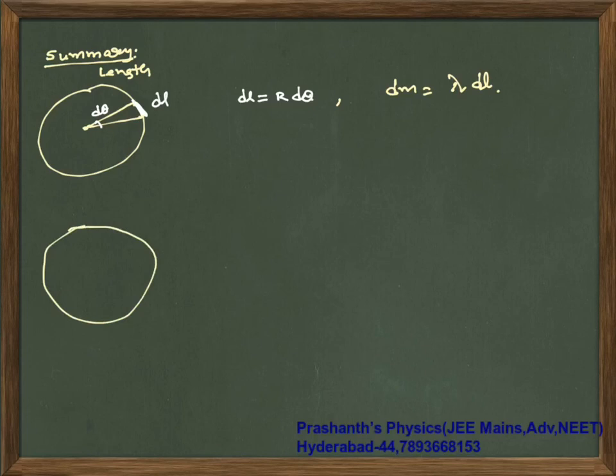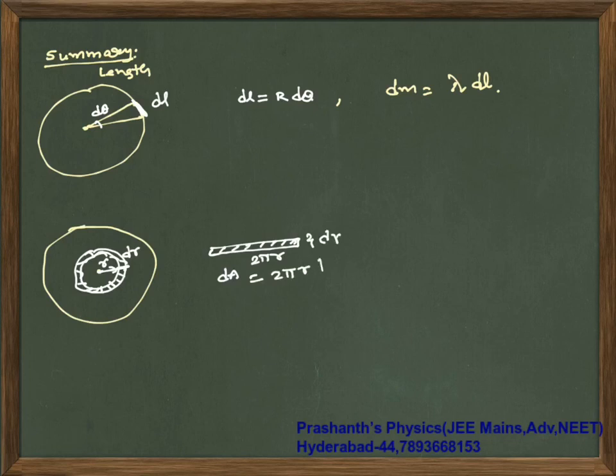Next, where area is involved, you take a small strip like this, and if this width is dr, you will cut this patch and stretch it like this. Your small area dA will be 2 pi r into dr. Your small mass dm is sigma times dA.